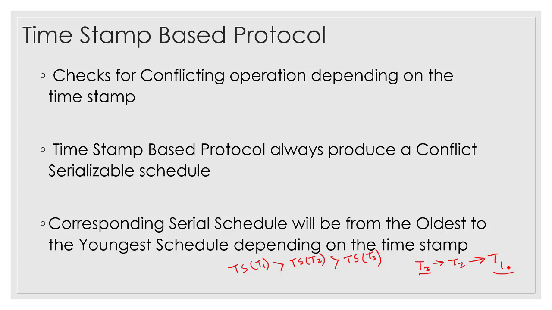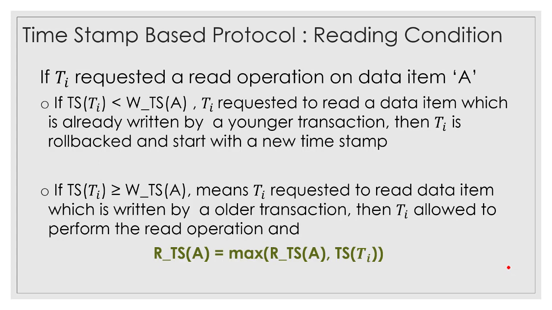Now, how the timestamp based protocol is going to control the conflicting operations, we are going to discuss right now. So first is the reading condition, when a transaction can perform a read on a data item A.